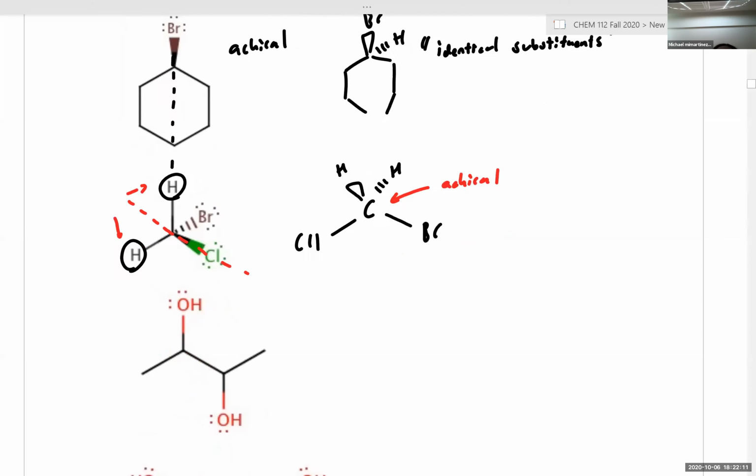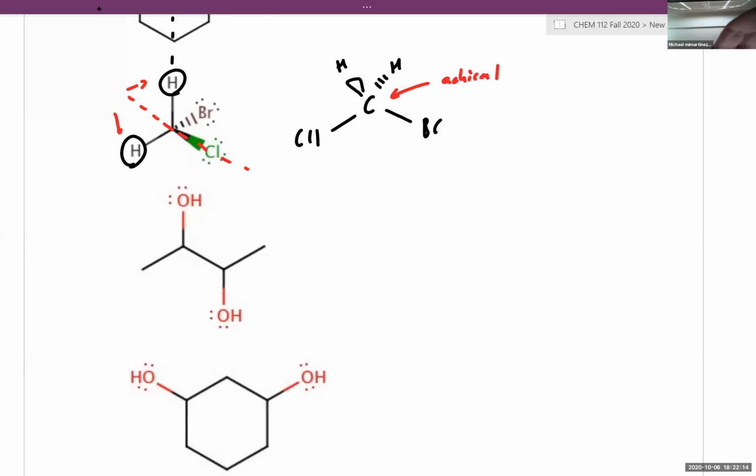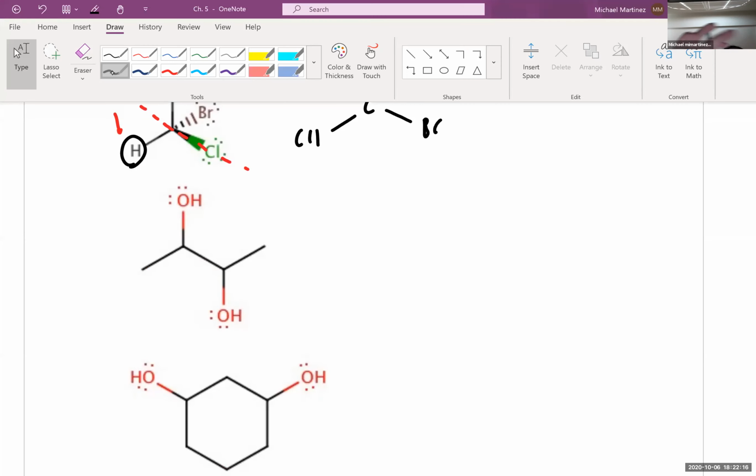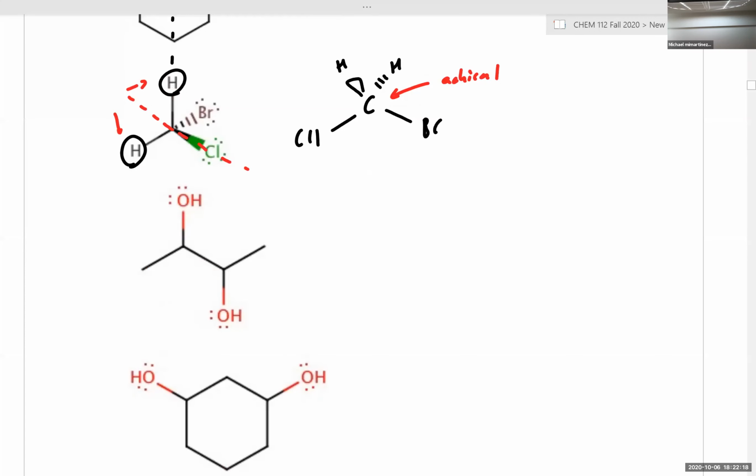Now, one thing that we have to really be careful about is that when we deal with sets of adjacent stereocenters, we have to make sure that our substituents are exactly identical. So for example, after rotation, we can draw this molecule as something like this.